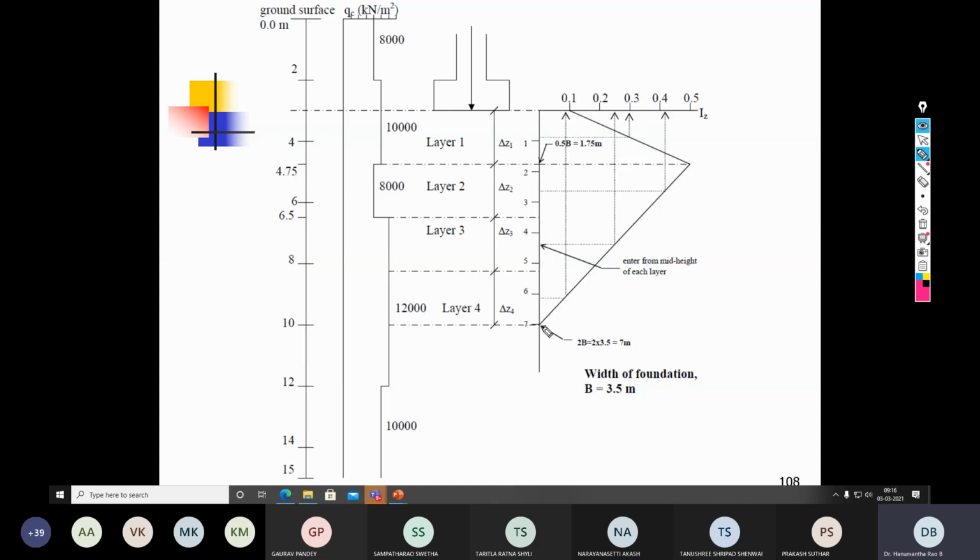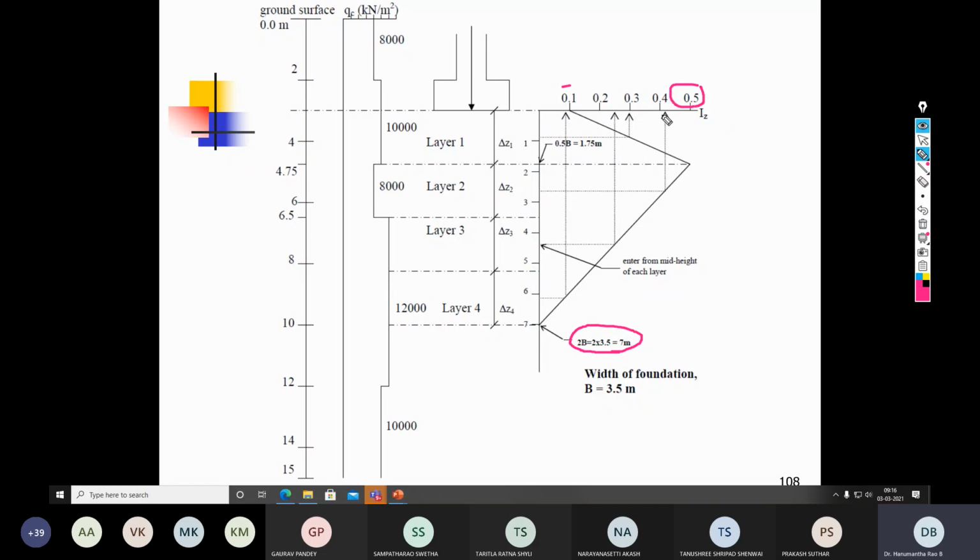For L by B equal to 1, the diagram is defined such that Z equals 0 starts right at the foundation level where the influence factor value is 0.1, and it slowly increases and reaches a maximum of 0.5 at a depth of 0.5B, or B by 2, and from the maximum it continuously decreases and reaches 0, the strain influence factor value, at a depth of 2 times B, that is 7 meters, as shown here.